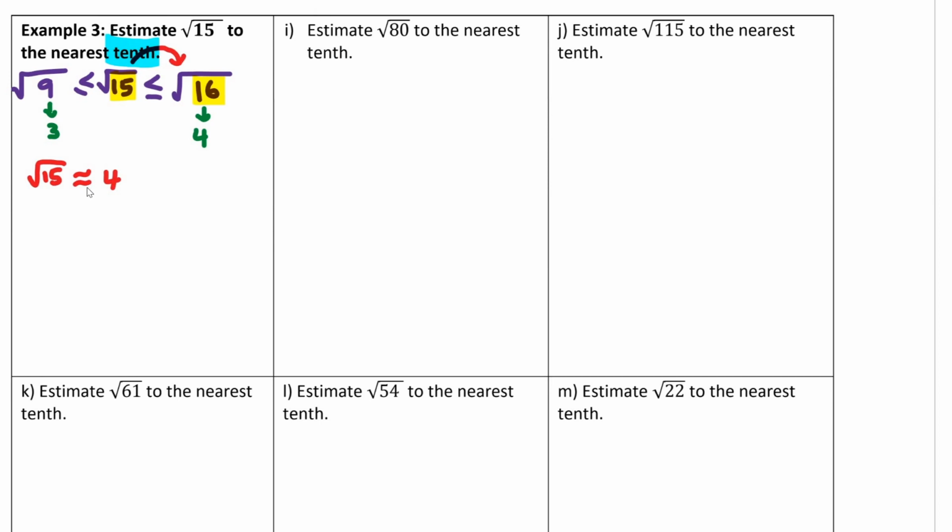We need the tenths place, which means one number after the decimal point, so we need to be more specific. Is the square root of 15 bigger than 4 or less than 4? The answer is less than 4, because 15 is less than 16 and the square root of 16 is 4.